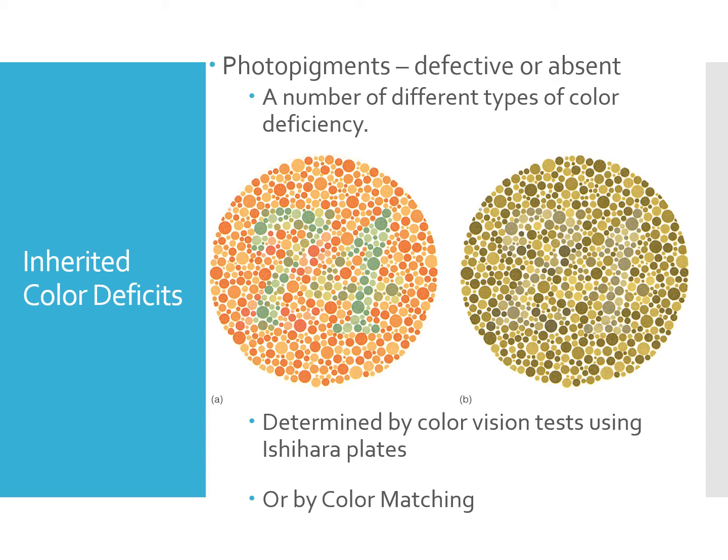And there are a number of different kinds of color deficiency. We determine a person's color vision abilities by using color vision tests. One is the Ishihara plates that I'm showing here. If I ask you what you see on the left, most people tell me they see a 74, right? This green 74 on the red background.